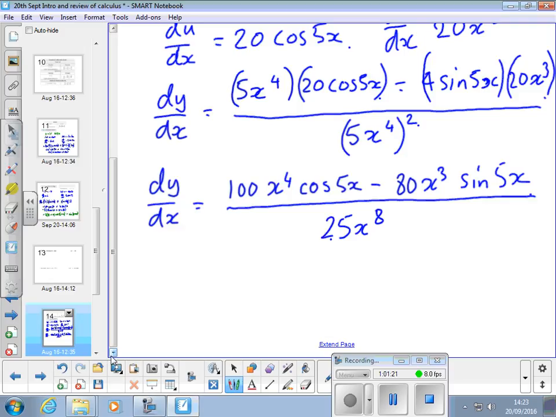Yeah. Is there anything we can do now? Take out the factor of 20x cubed. Could do.